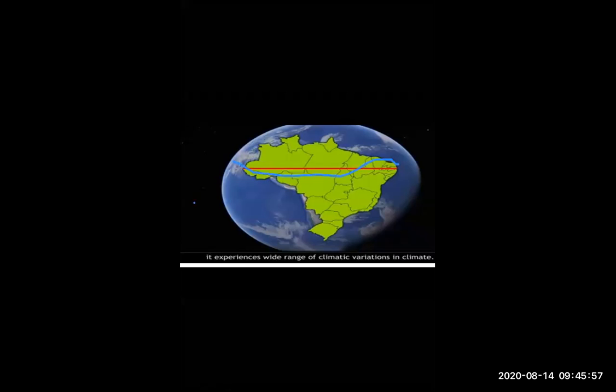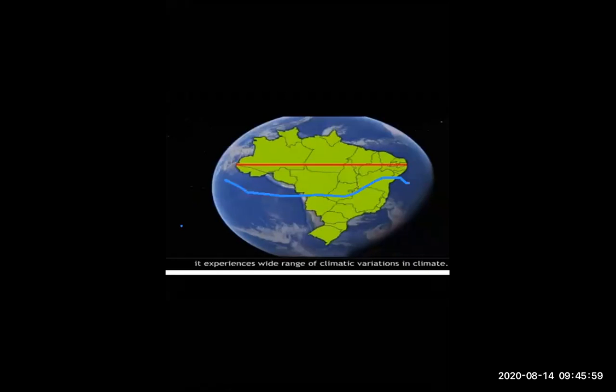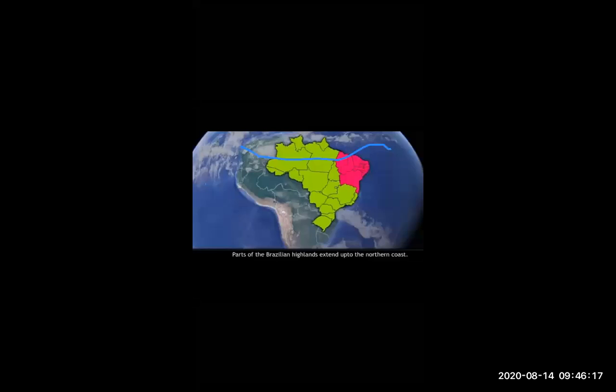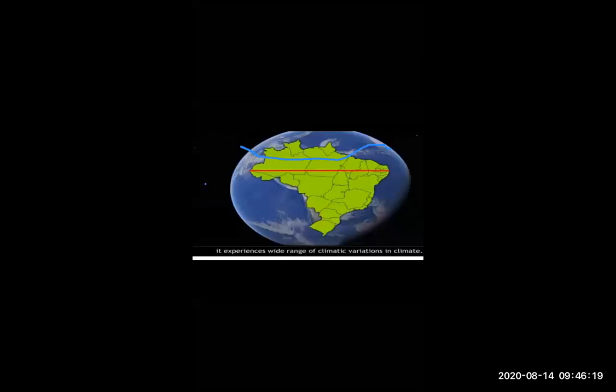And it is near the equator also. Look at this. Brazil is near the equator, and because of this, there is always a hot temperature over there. If you want to see, you can see it in the explanation part also.